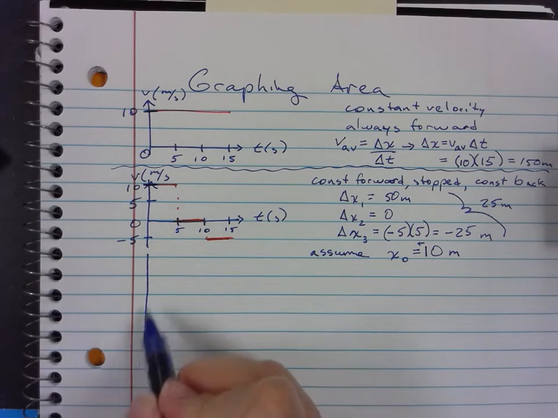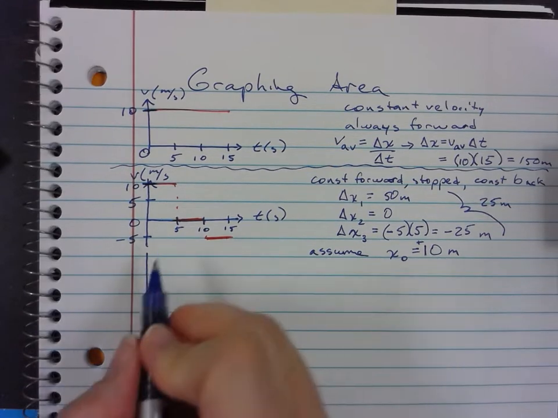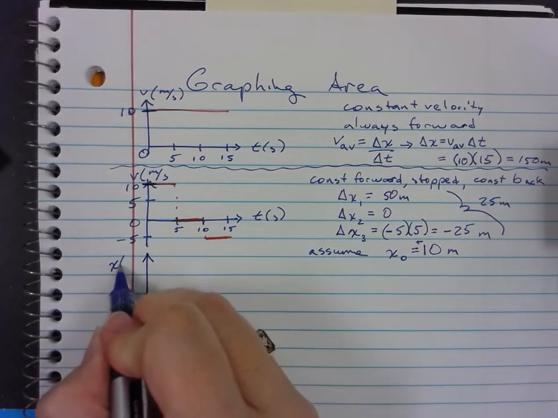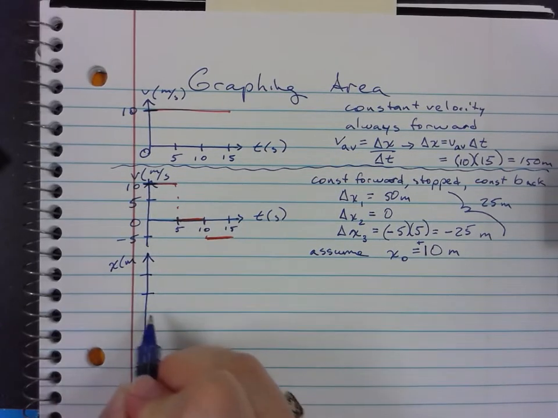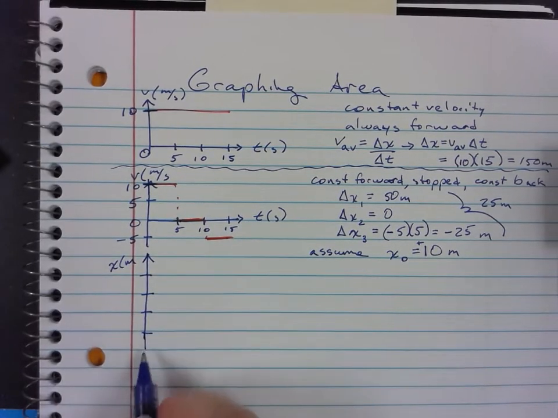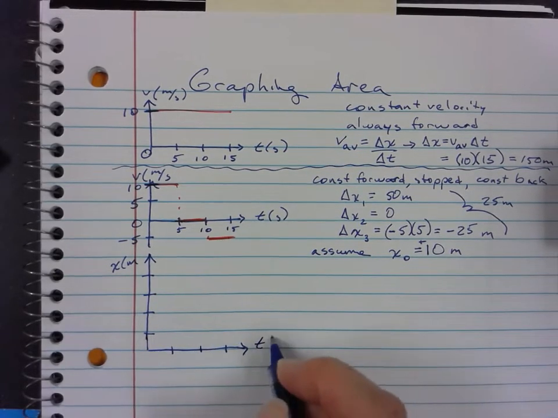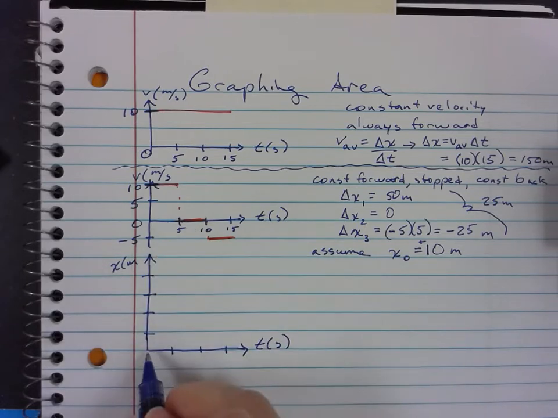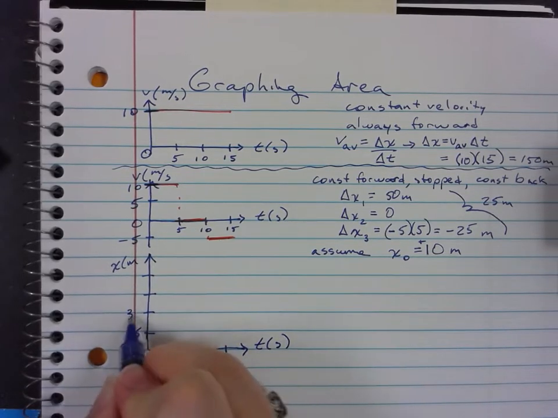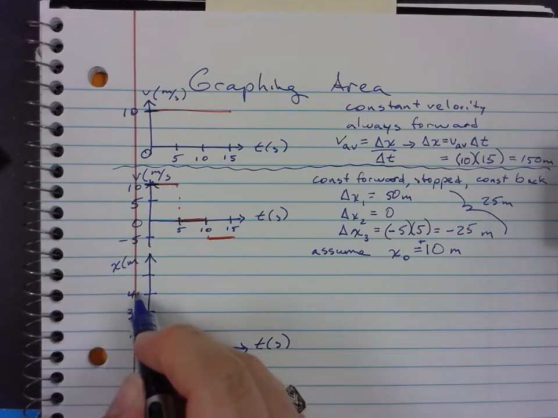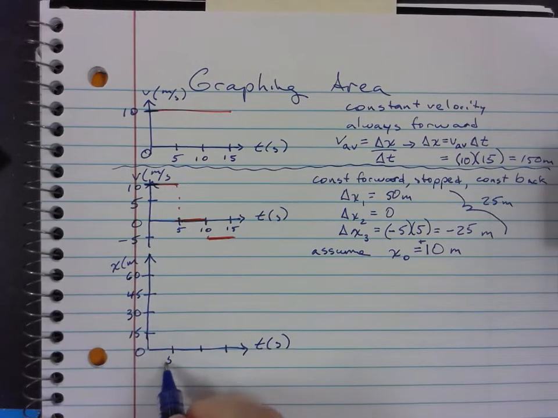So if I do it by 15s, let's do it here, x of m. So 60, 45, 30, 15, and 5, 10, 15, because I'm trying to make the two graphs match each other. So this is 0, 15, 30, 45, 60, 5, 10, 15.